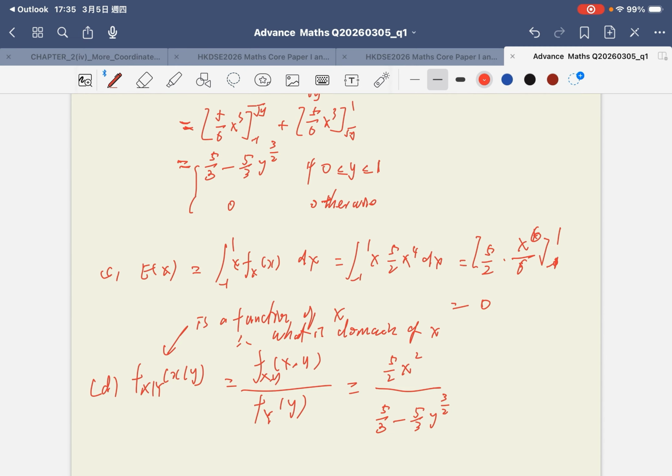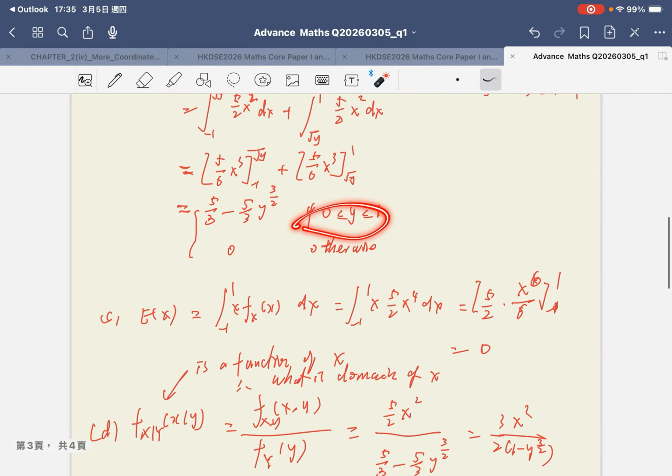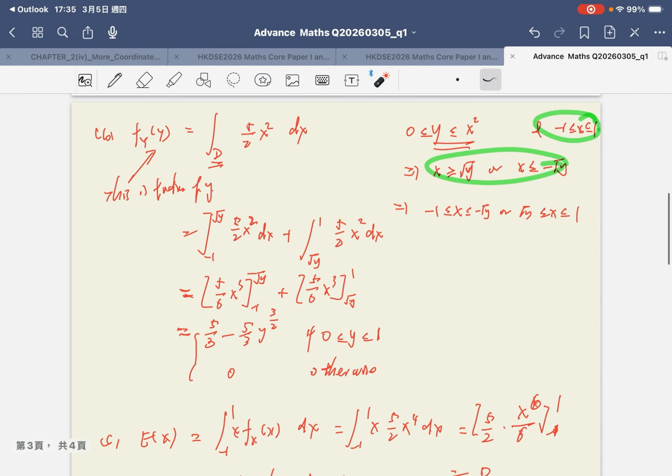Okay, here I try to simplify. The 5 is cancelled. The 1 over 3, then 3 over 2 x squared, 1 minus y to the power 3 over 2. And for the domain of x, because you have to mention the domain of x, it should not be this one, but it is this one.